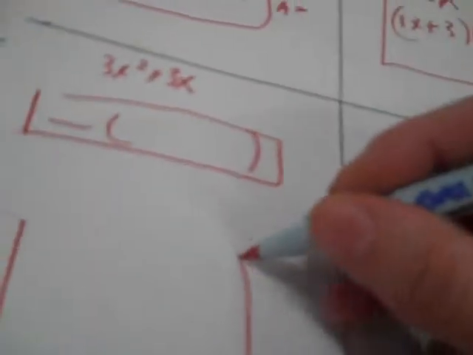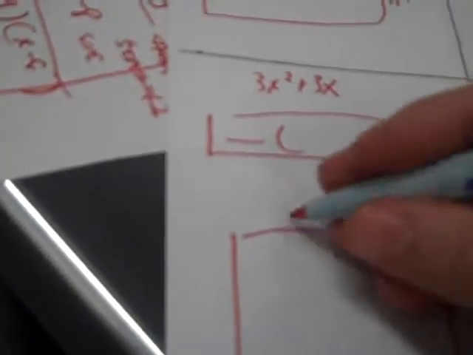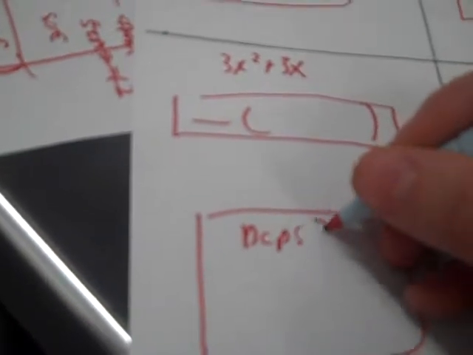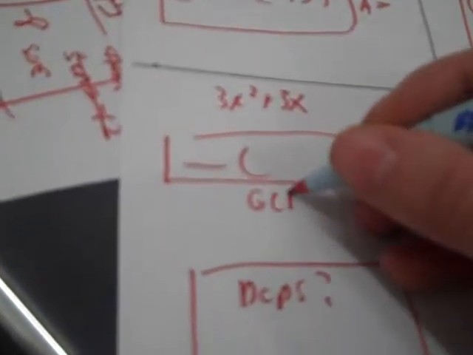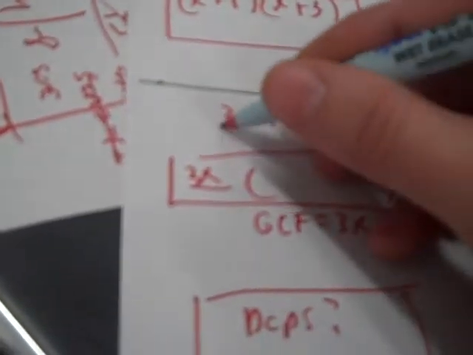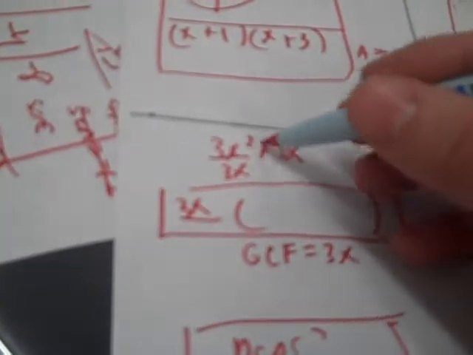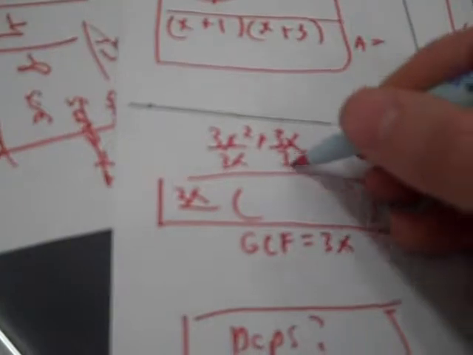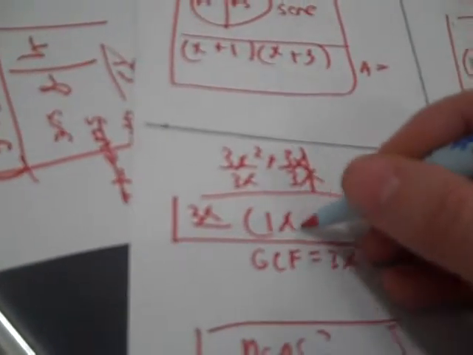Two terms, so GCF. And the GCF is 3x. You don't have the negative, they both have x. So that becomes 1x plus 1.